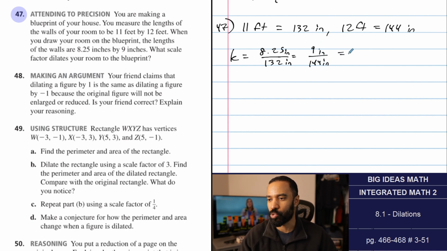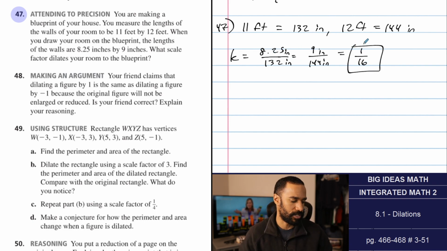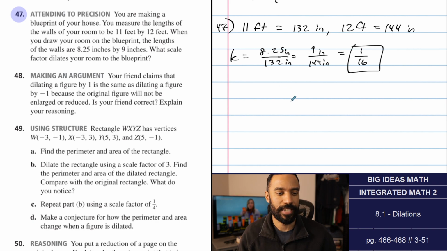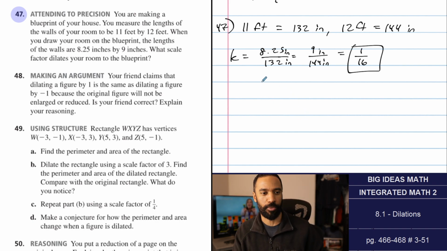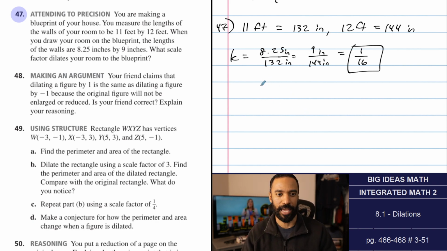Now, I know that this is 1/16. I can only imagine that this is also 1/16. Let me check 8.25 times 16, or 132 divided by 16. 132 divided by 16, 8.25. Okay, so it's 1/16. That's the reduction for the blueprint. Thankfully, I don't have to draw the blueprint, but that is the scale factor.